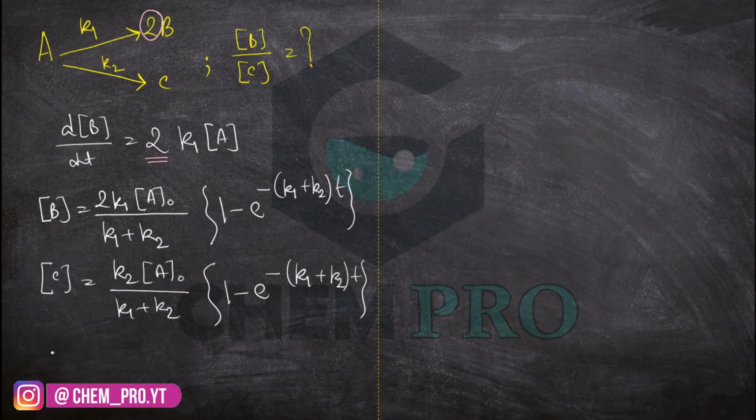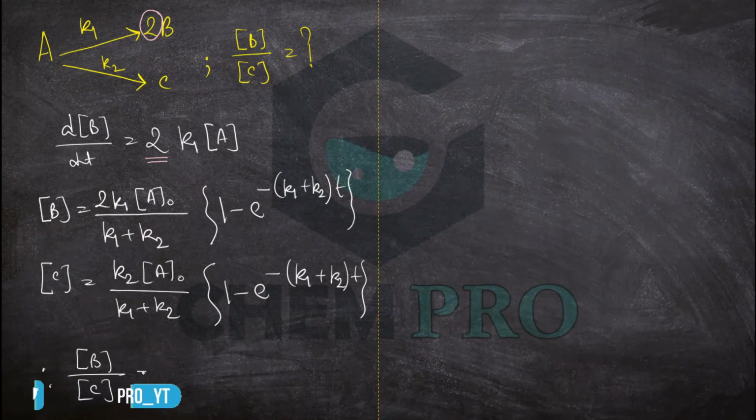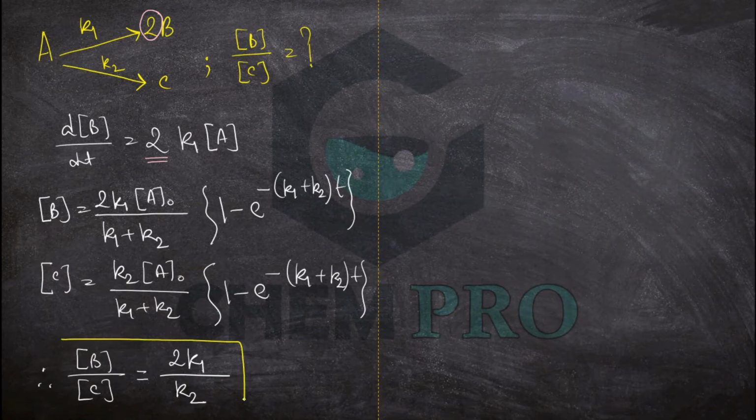So from this we can write that concentration of B by concentration of C equals what? That is 2K1 by K2, because of the coefficient of B we must include the 2.